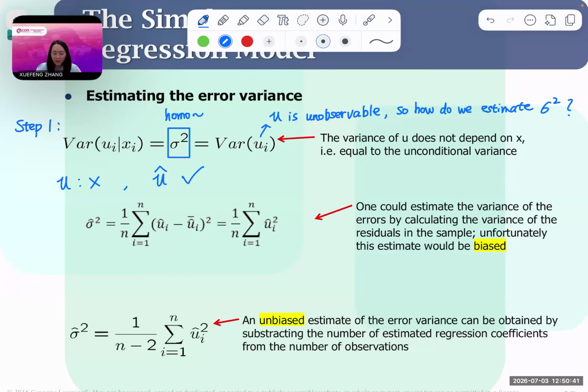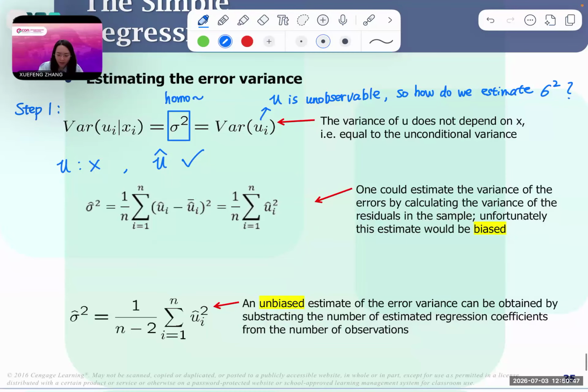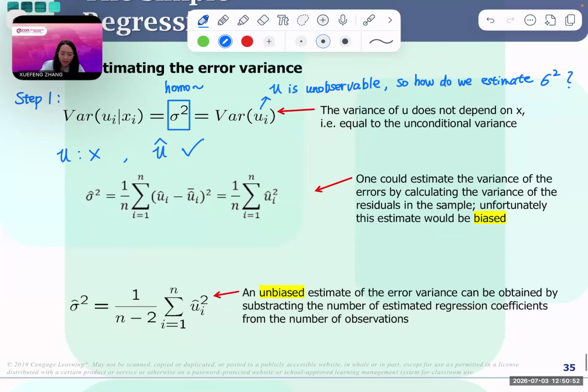So we're gonna use mu hat. This is step 2. This is our first attempt, okay? First try. So we use mu i hat minus mu i hat bar, okay, minus the average, and then we square it.